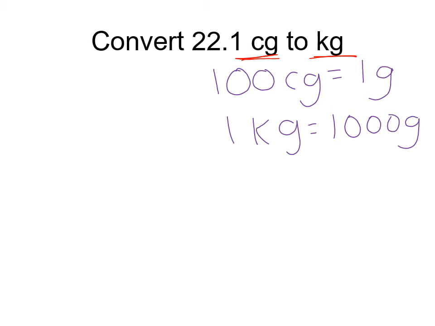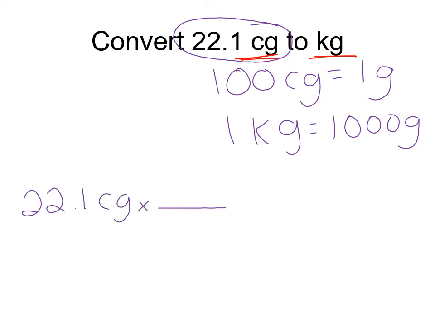Okay. So start with the number in the problem, 22.1 centigrams times, I'm going to use this conversion first to get rid of my centigram unit. So 100 centigrams will go at the bottom, and then 1 gram up top. And then we're just going to set up another one.